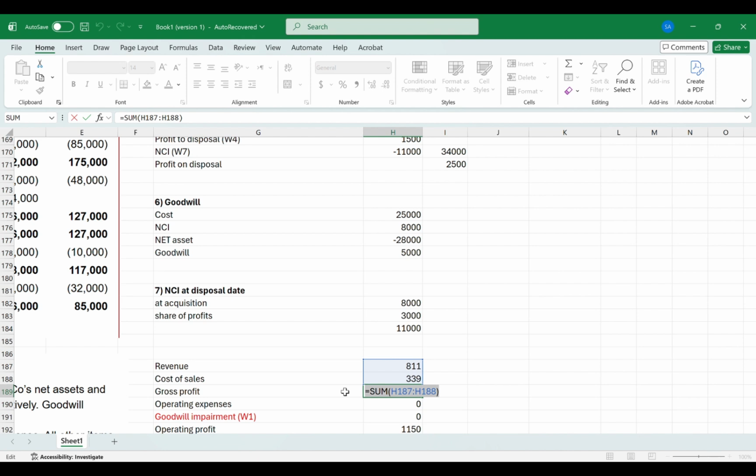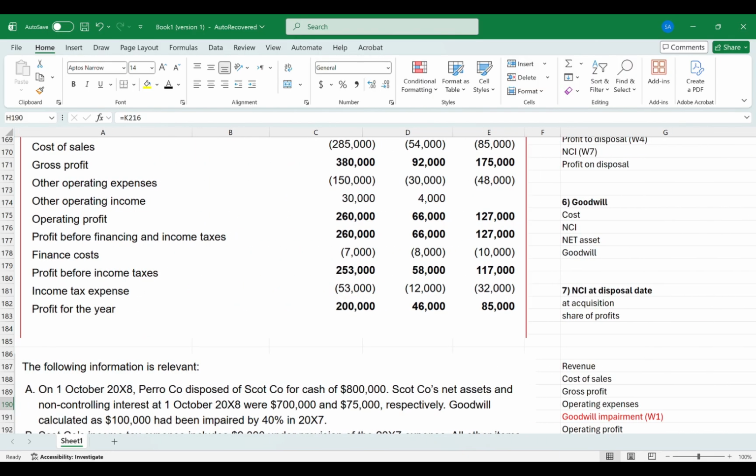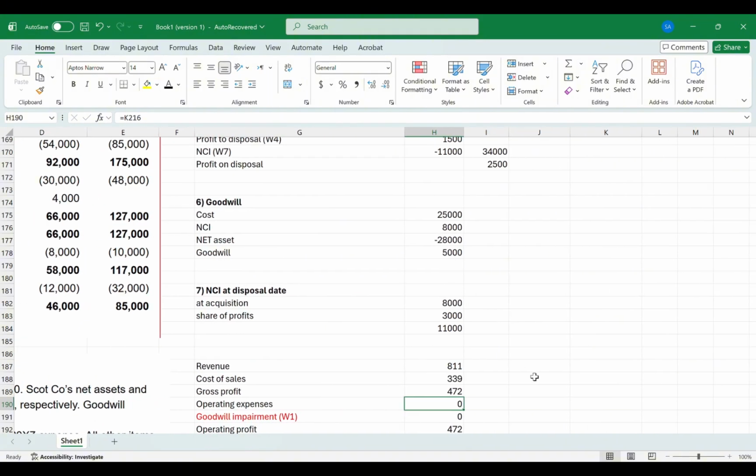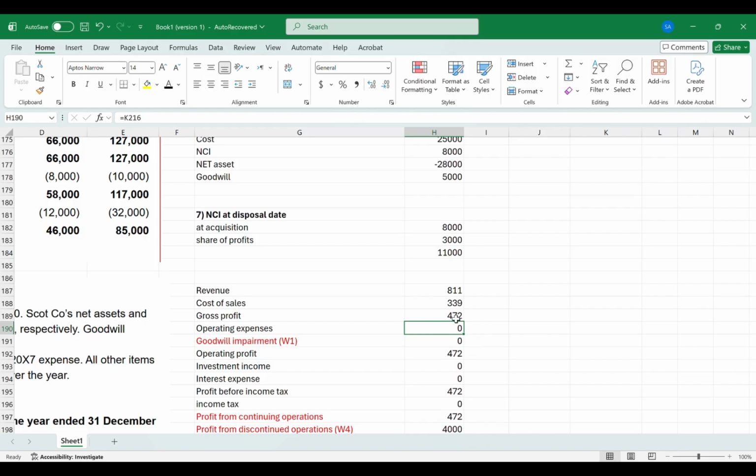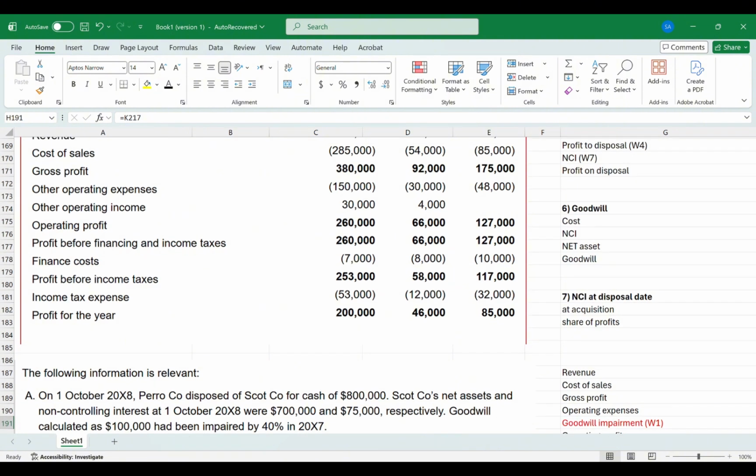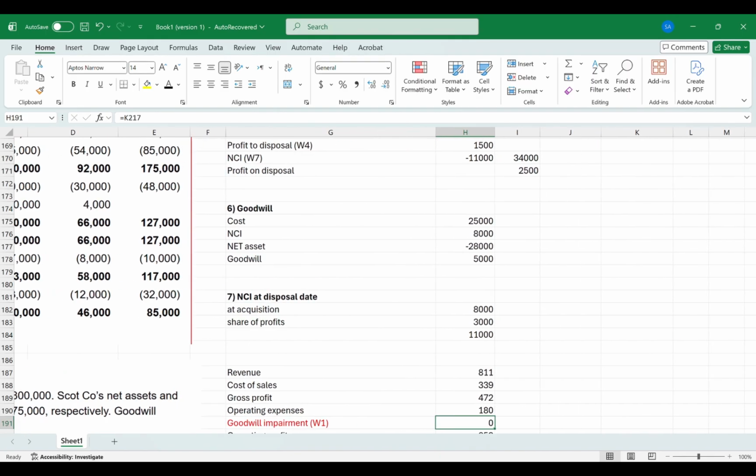So the gross profit would be this minus this, 472,000. Then we move on to operating expenses, which is 150 plus 30, that is 180. And then you have other operating income, which is 30 and 4.